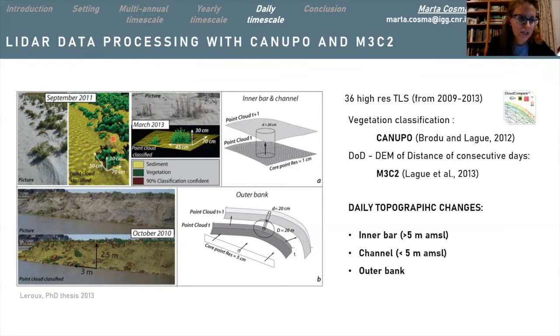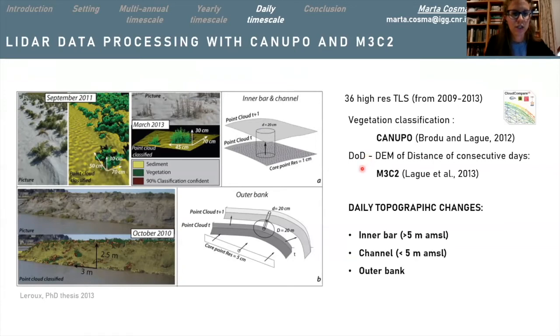He did this both in the point bar and in the outer bank here. Only the ground points were then used for the analysis of the daily topographic changes.